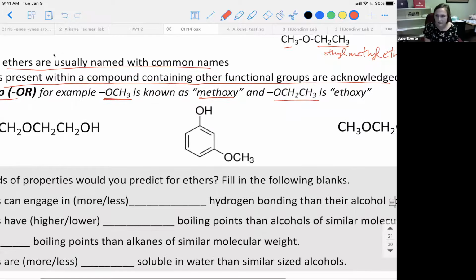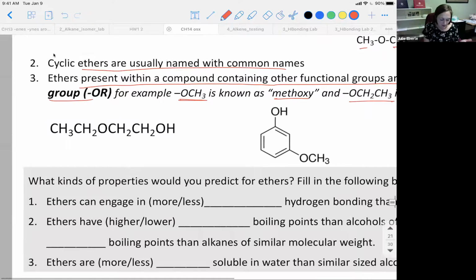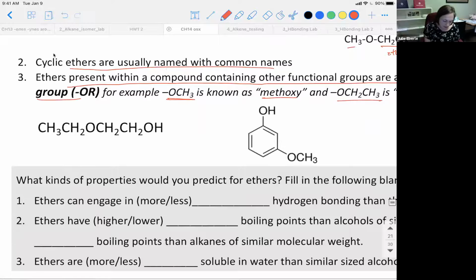So how does this work if we're naming a full compound? It looks very complicated. If we're going to name this, we've got a hydroxyl group, so this is an alcohol, but we have an ether right here in the middle of it. How do we name this? What these rules are saying is we're going to name this as an alcohol, and we're going to consider this right here as a branched substituent.